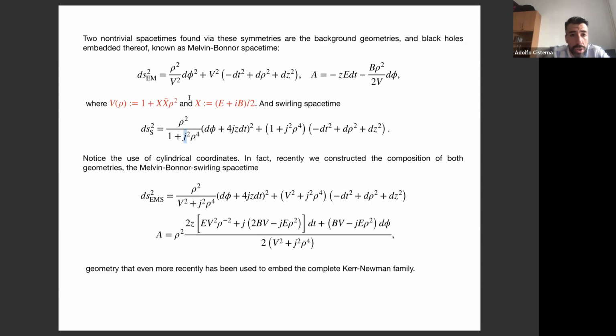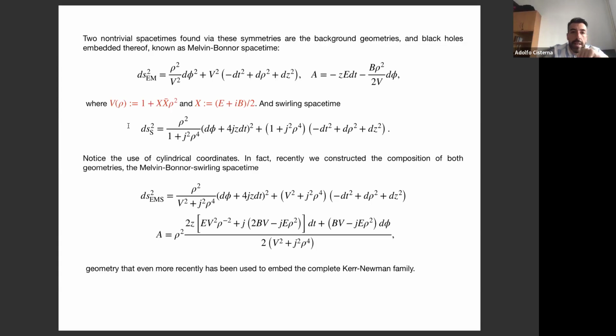Recently, we also combined both of them. Well, swirling was known. I think it was known from a paper of Taub, which is one of the authors of the Taub-NUT solution. And it was understood as an analytical continuation of some cosmological spacetime that is inside the family of Taub spacetimes.